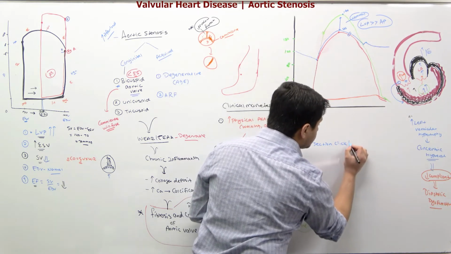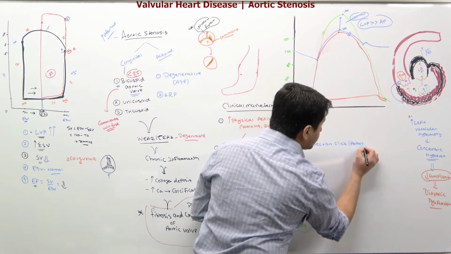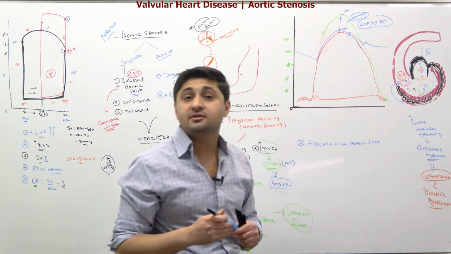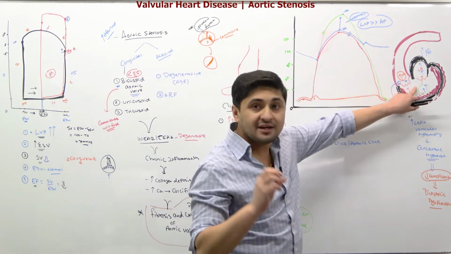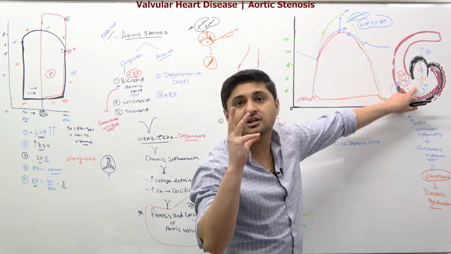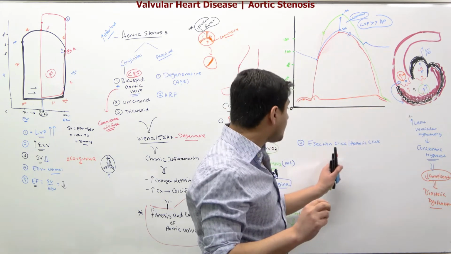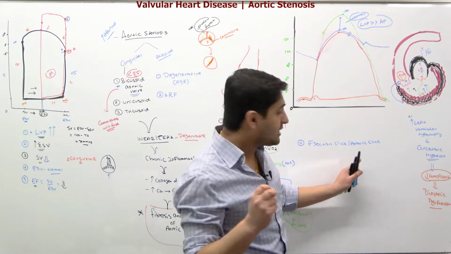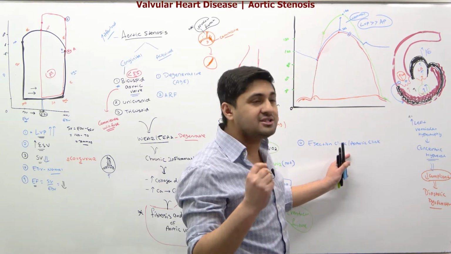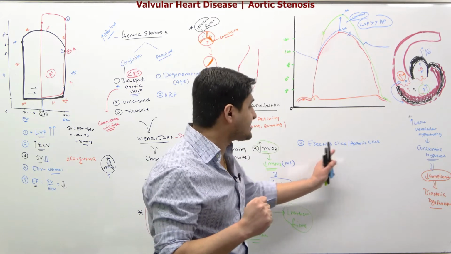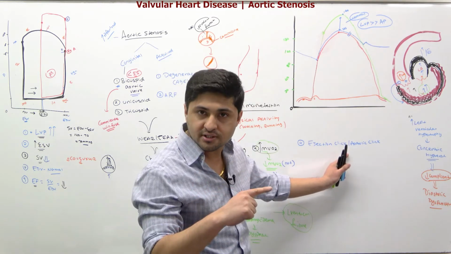Sometimes we call it an ejection click, or an aortic click, or an ejection systolic sound. The opening of the aortic valve produces this click noise. Please don't confuse the ejection click with the murmur that we're going to discuss now.